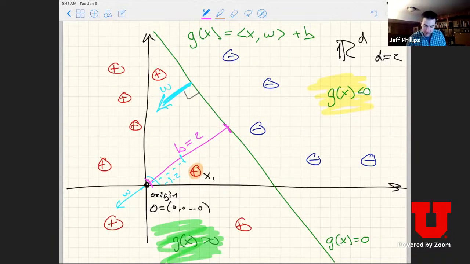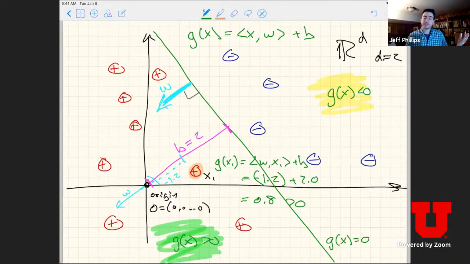So g of x1 is going to be the dot of w with x1 plus b, which is negative 1.2 plus 2.0, which is 0.8, which is greater than 0, so it's positive. So this is how we define anything on this side of the line. The direction that w is pointing is going to be positive. Anything on the other side has to be negative.